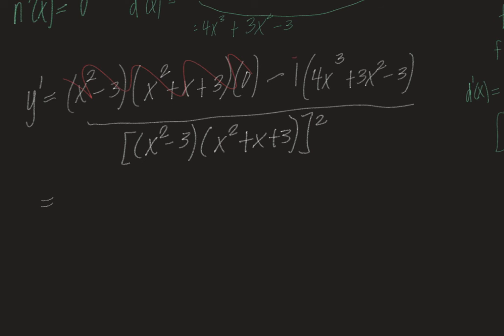And now I'm just distributing really a -1 to that trinomial to get -4x cubed minus 3x squared plus 3 all over.